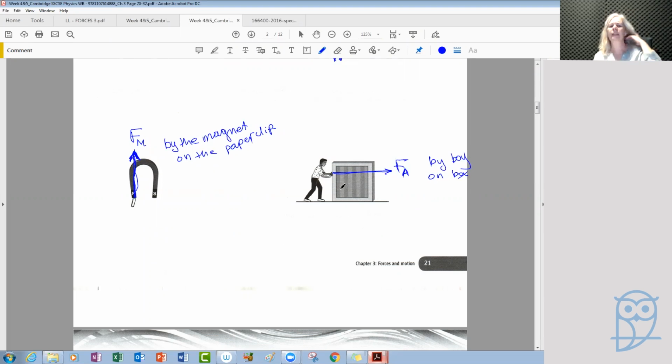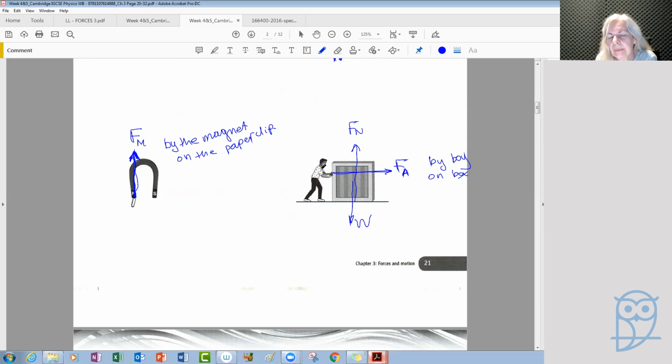What other forces could we draw here acting on the box? Well, obviously the weight, W, and also the one force that is called contact in your book, which is the normal force, actually, F normal or F contact, okay.